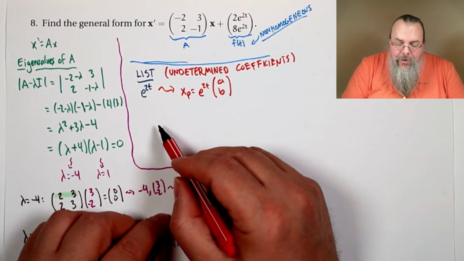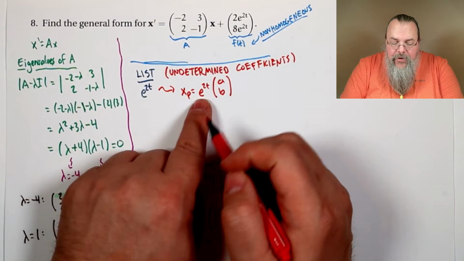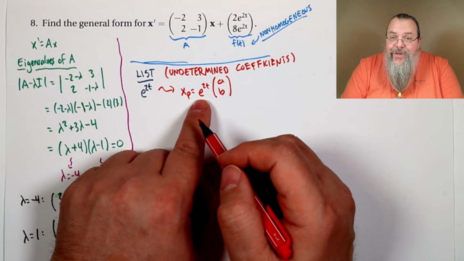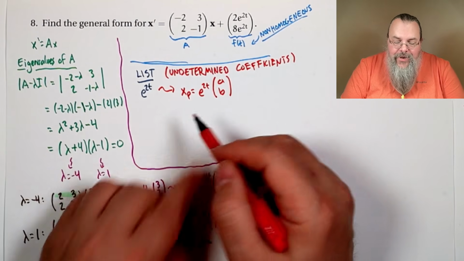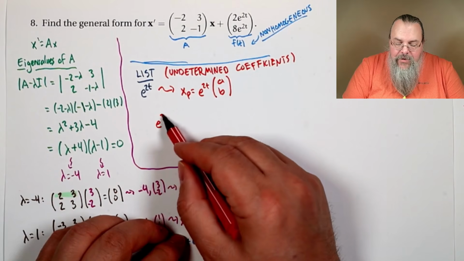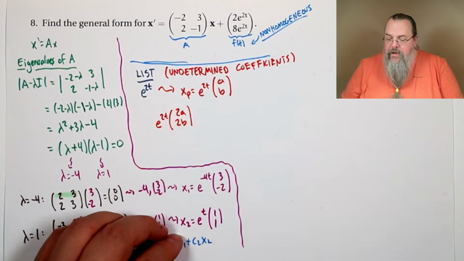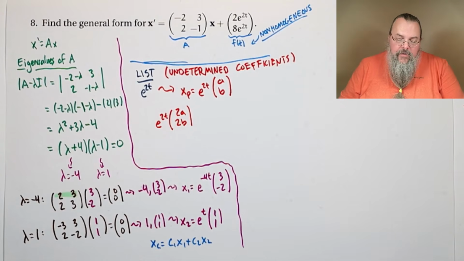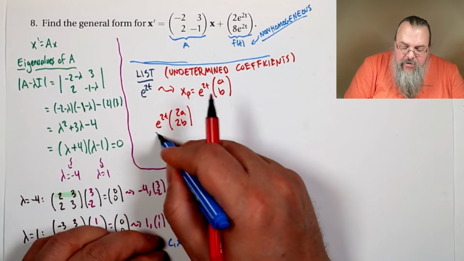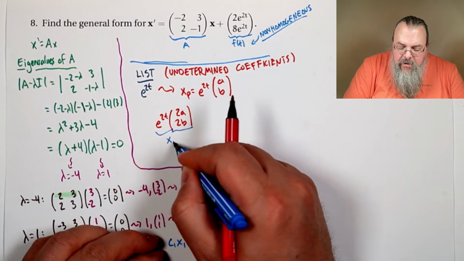Okay, so we get that the derivative of e to the 2t will be 2e to the 2t, or if you like, e to the 2t times (2a, 2b). And to be clear what this is supposed to represent, so there's no, wait, what is this again? This is xp prime.